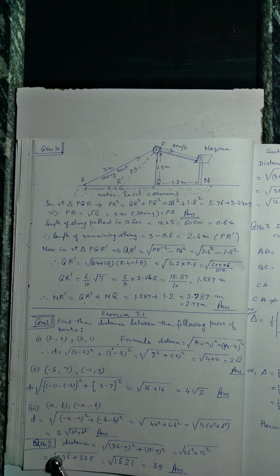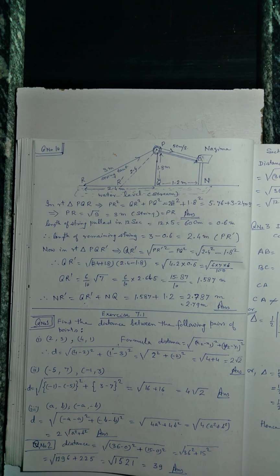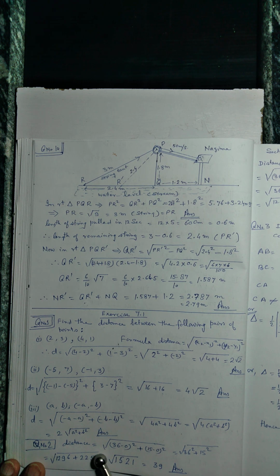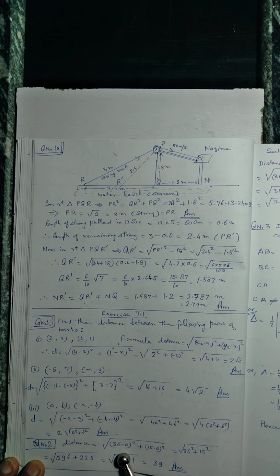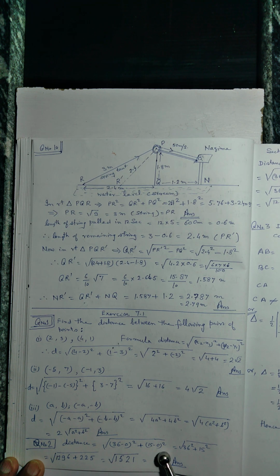Now question number 2 is to find the distance between the points (0, 0) and (36, 15). You have to work out from (0, 0), that is (36 minus 0) whole square plus (15 minus 0) whole square.